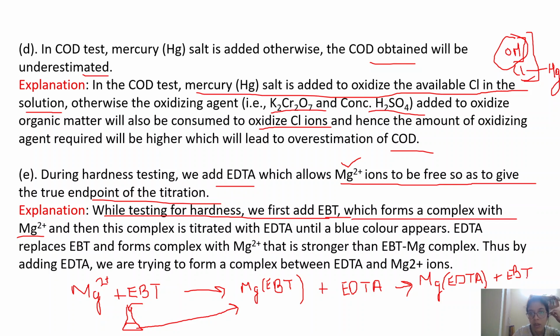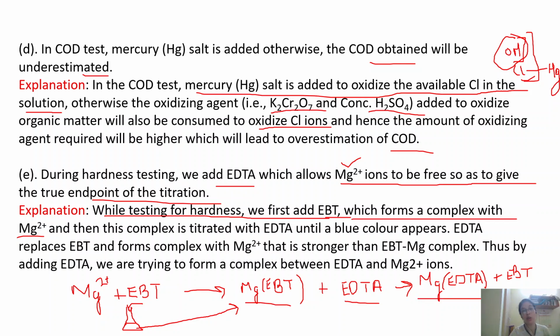So what is happening? First magnesium is there, we add EBT, it forms Mg EBT complex. Then we start adding EDTA because EDTA is a stronger complexing agent than EBT. So it is replacing EBT and forming Mg EDTA complex.